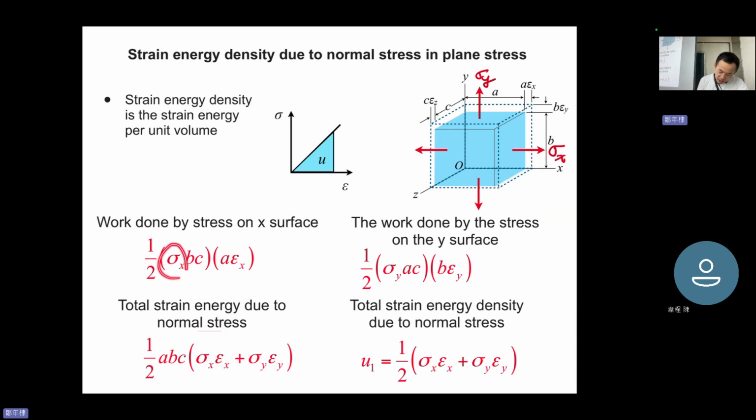So sigma x times BC. So this is the force. Sigma times area. What is the displacement? Length change, right? A times epsilon x. So that is the displacement.